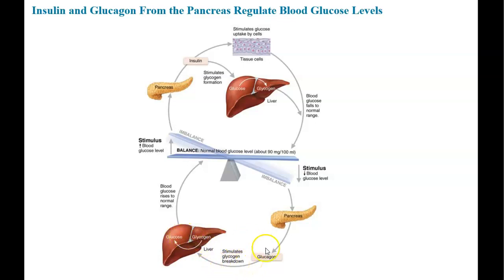So it's going to stimulate the liver to convert glycogen to glucose. Okay? And then when the liver does that, it's going to release the glucose into the bloodstream. And that's going to bring the blood sugar levels back up. Okay, so I do want you to know this mechanism, how the pancreas regulates the blood glucose levels.